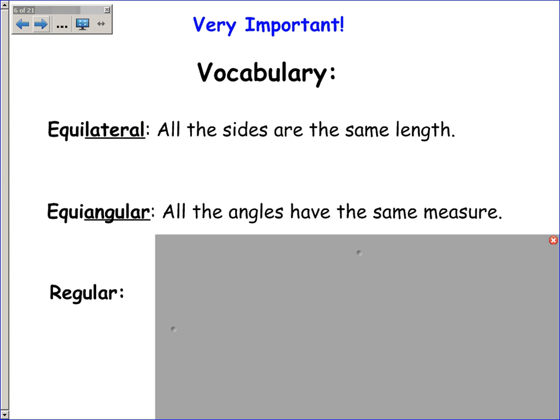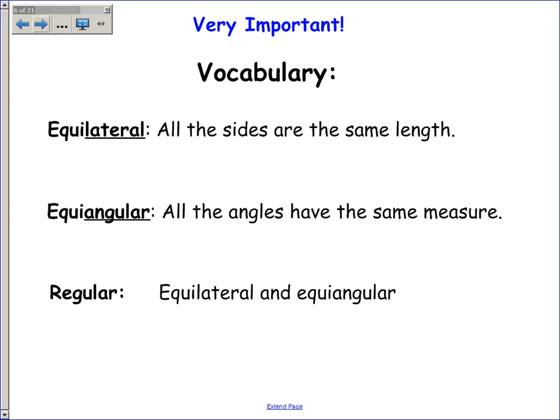Equiangular is where all the angles are equal, so all the angles have the same measure. Now, a word you probably don't know is the word regular. A regular polygon is both equilateral and equiangular, meaning that all the sides have the same length and all the angles have the same measure.